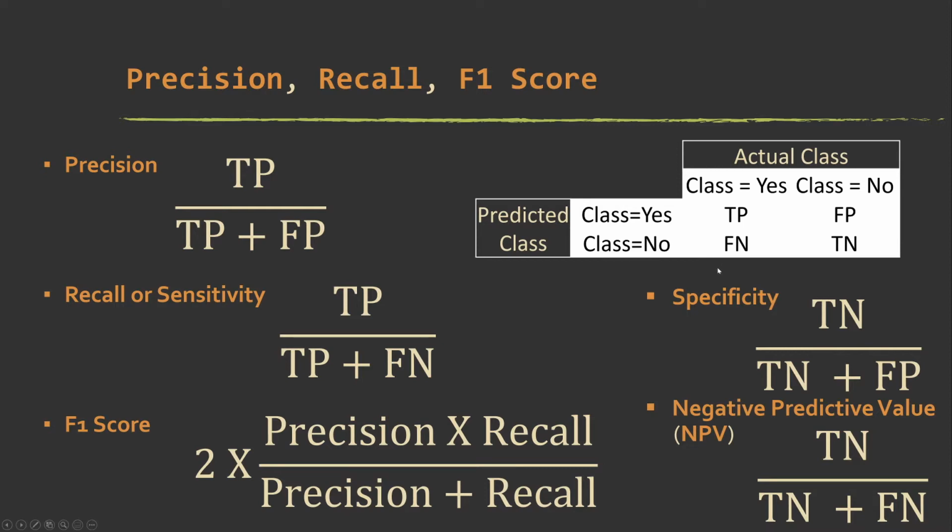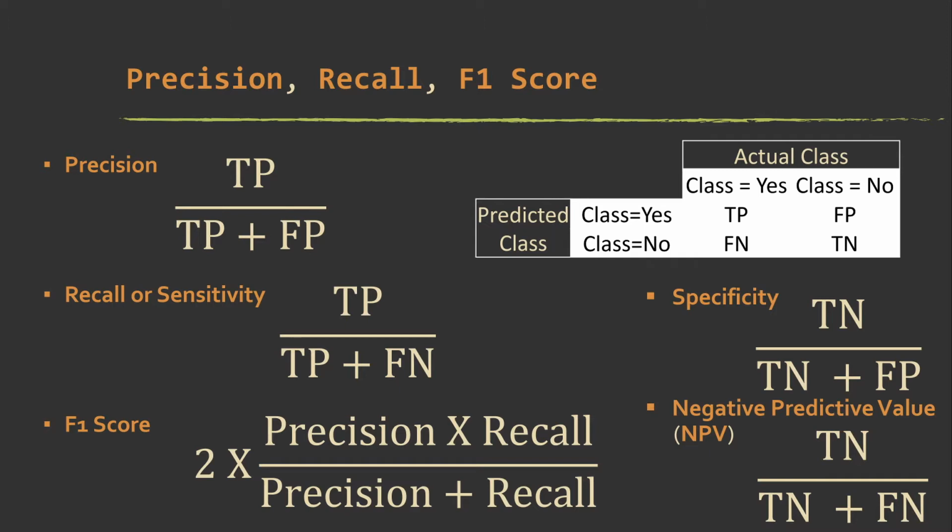The incorrect ones are the false negative and false positive. So for a false negative, it should have been true, but it was predicted as false, or it was supposed to be yes, it's predicted as no. So in our medical test example, this would be saying you actually did have the virus, but the test came back negative or said that you didn't have it.